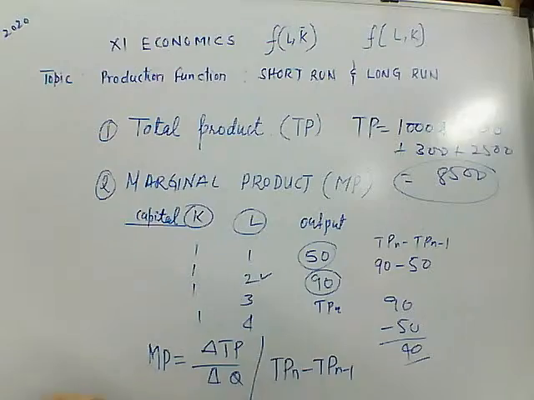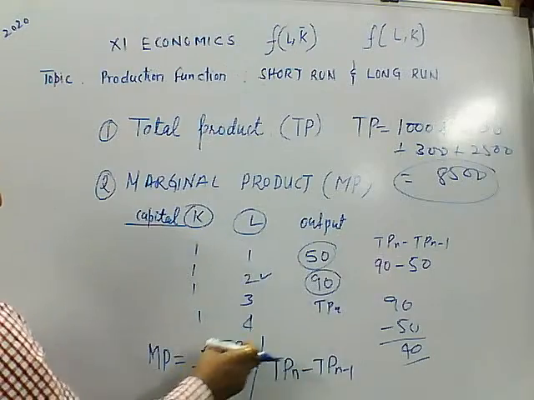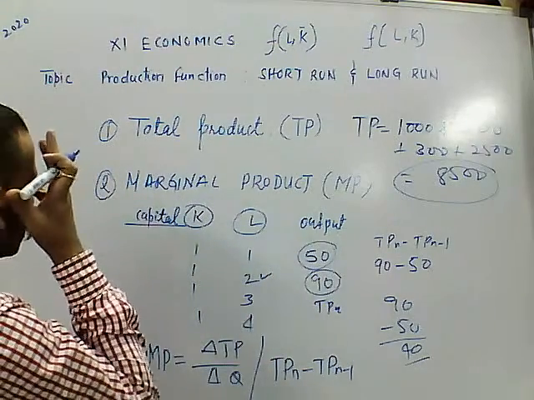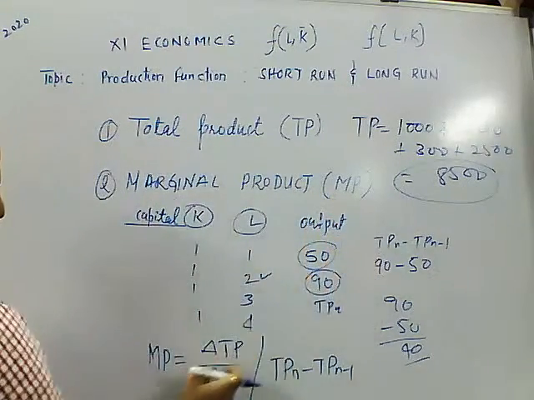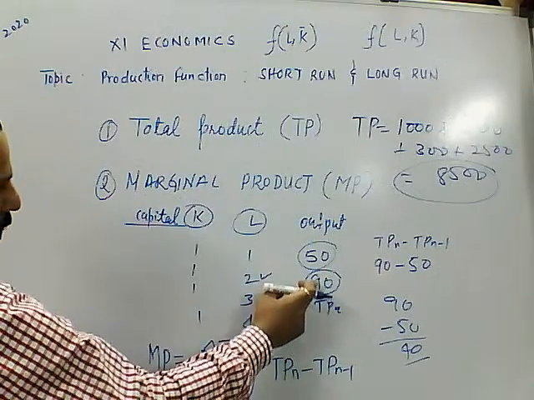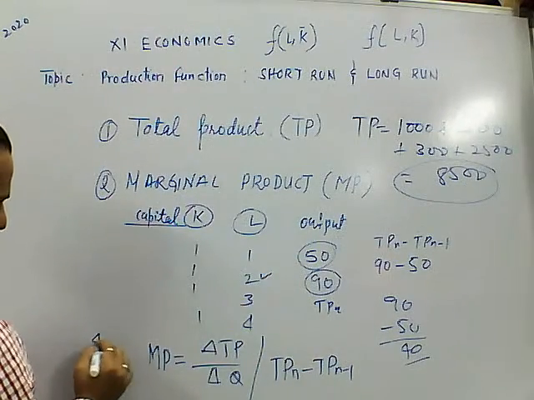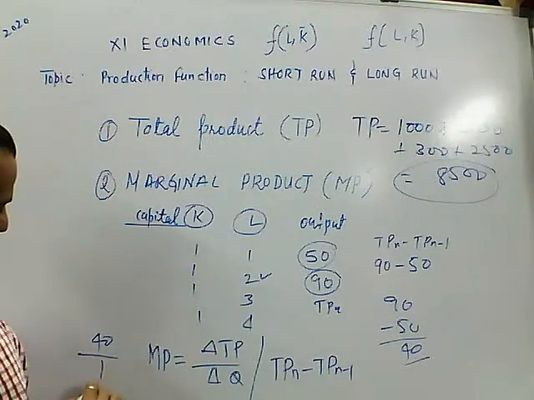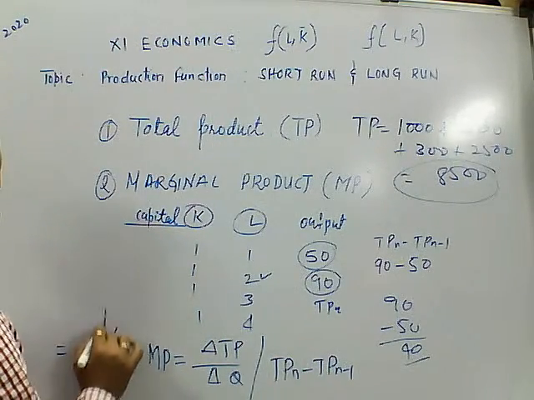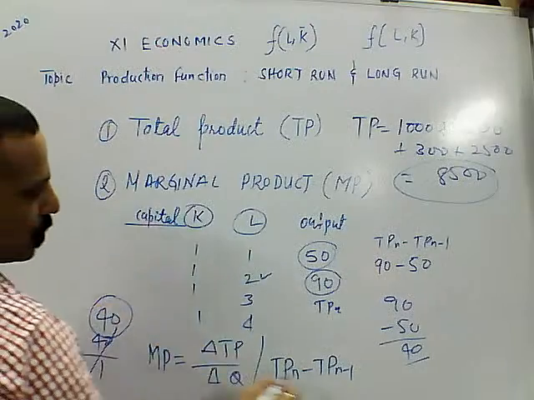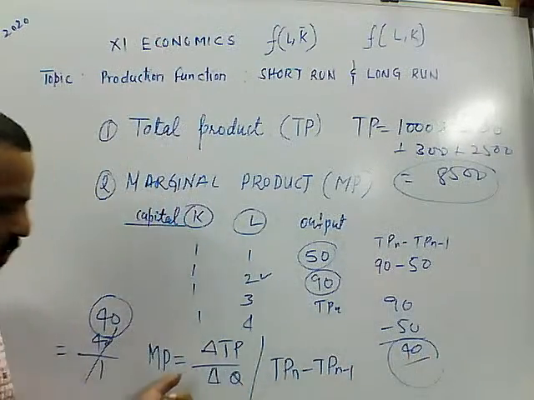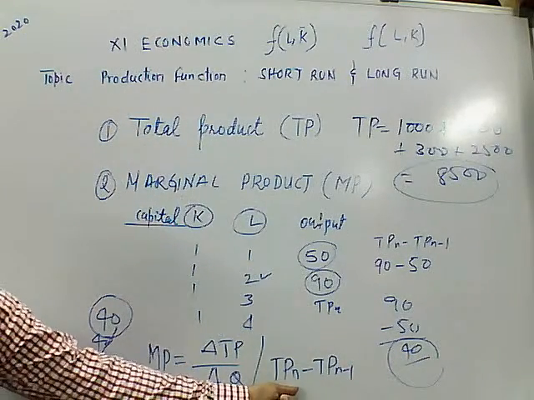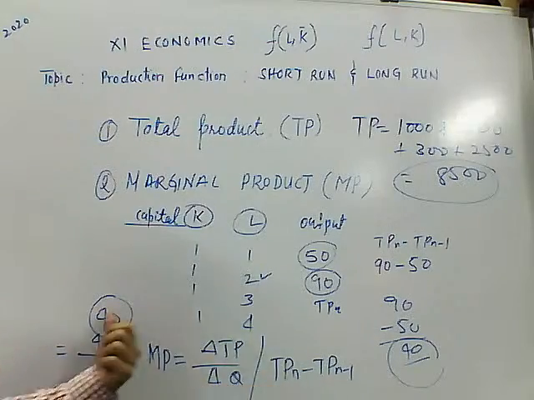These are the two formulas to find marginal product. Change in total product is the change in output: 90 minus 50 is 40, and change in labor, 2 minus 1, is 1. So it is equal to 40 only. If you use either formula, the answer will be the same.